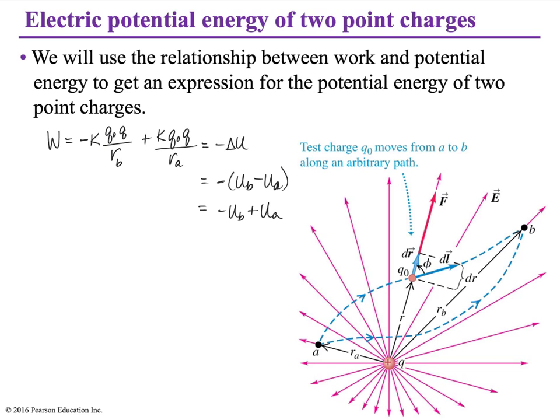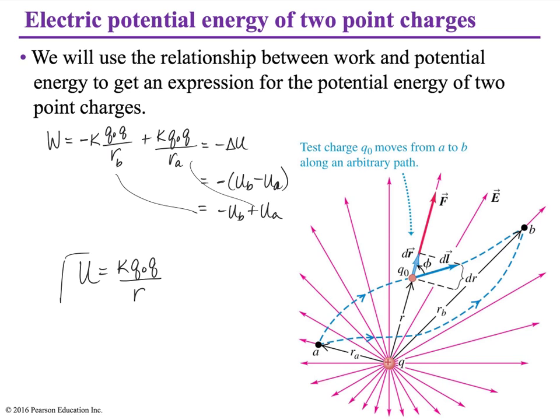Doing a nice simple comparison between these terms, we can write the general conclusion that U can be expressed as k q naught Q over r.